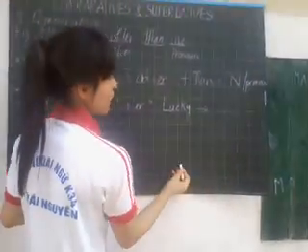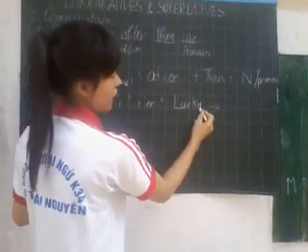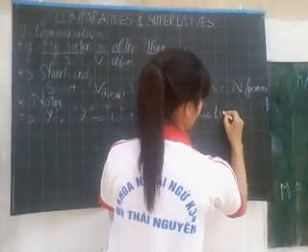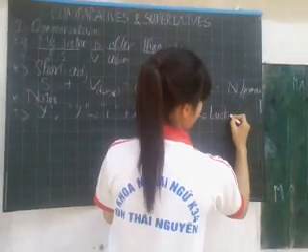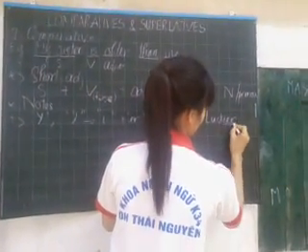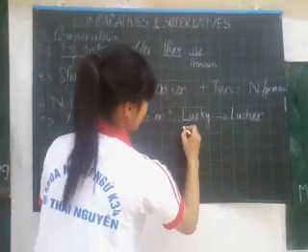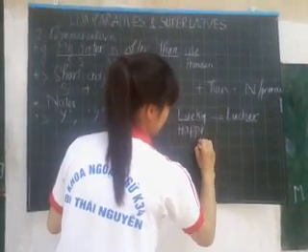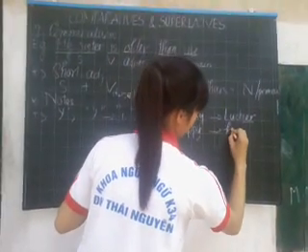In this example, we have y, and we have to change y to i. We have luckier, adding er. Or happy, we have happier.